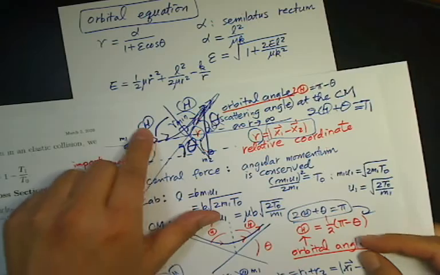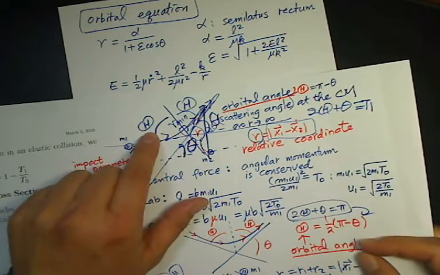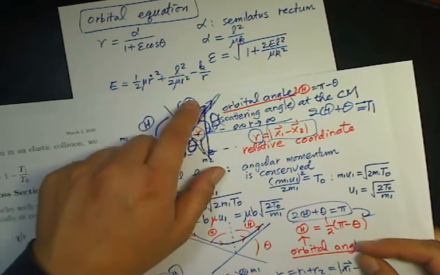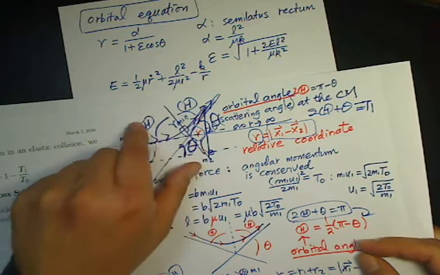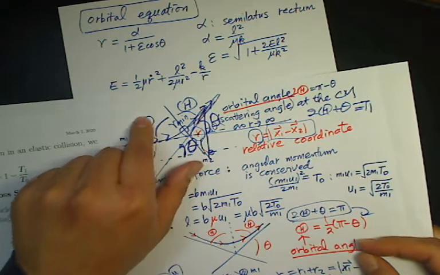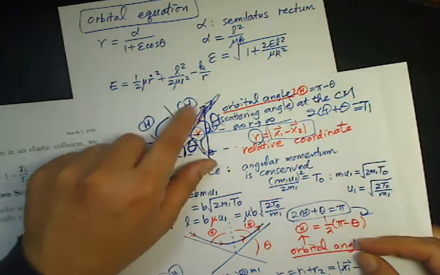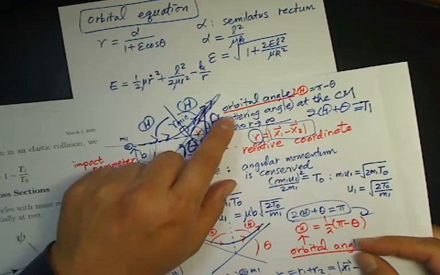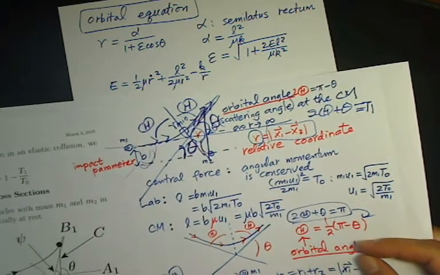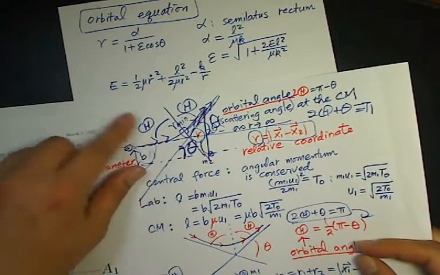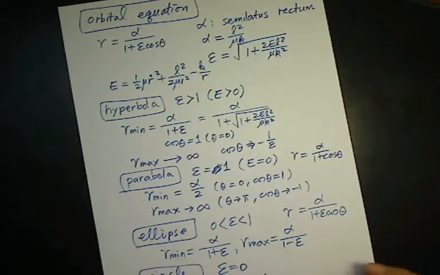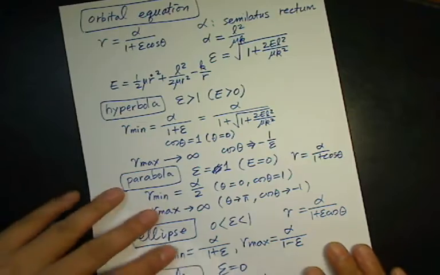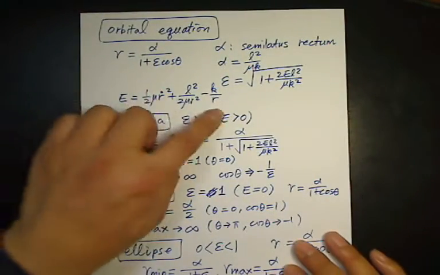In the calculation of psi, once you obtain psi, you take twice psi and subtract it from pi, then you obtain the orbital angle, the scattering angle theta. In order to obtain this, you need some calculation relating the radius and the angle.